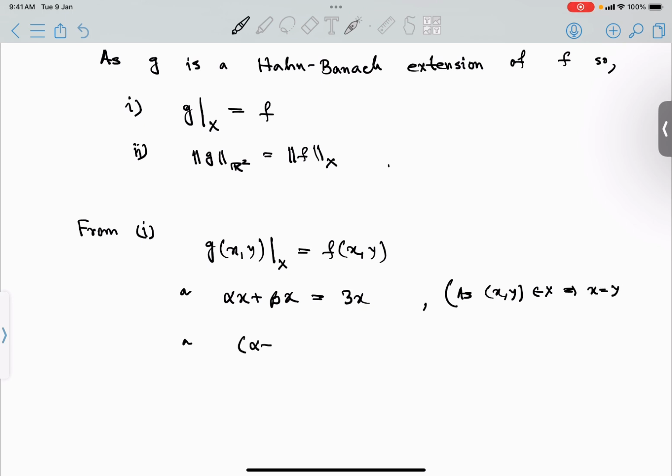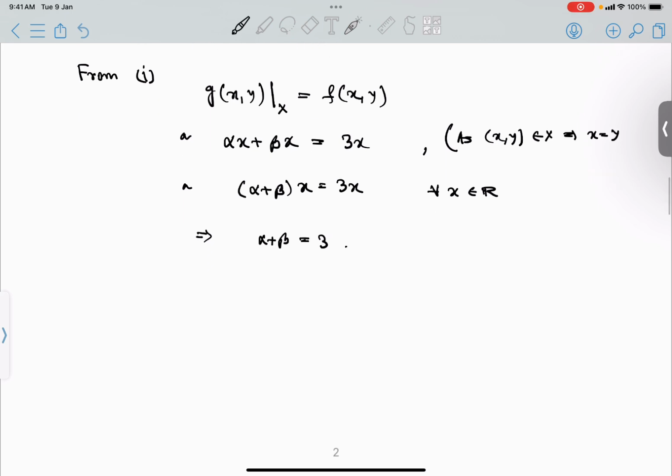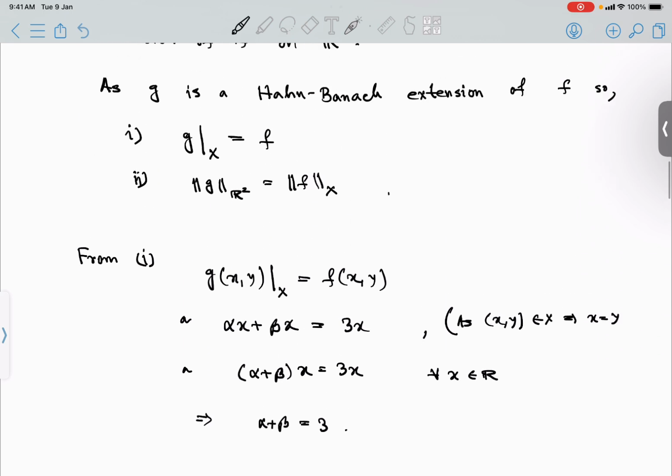So you get alpha plus beta times x equals 3x, for all x in R. Therefore alpha plus beta equals 3. So you get one condition on alpha and beta. Now from condition 2 we have to deduce another condition, and from there solve for alpha and beta.